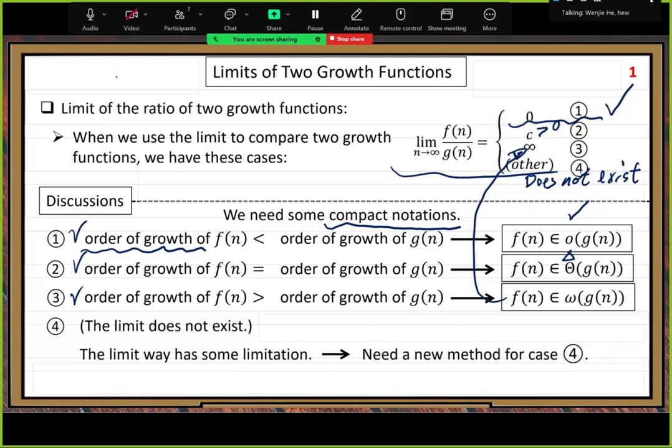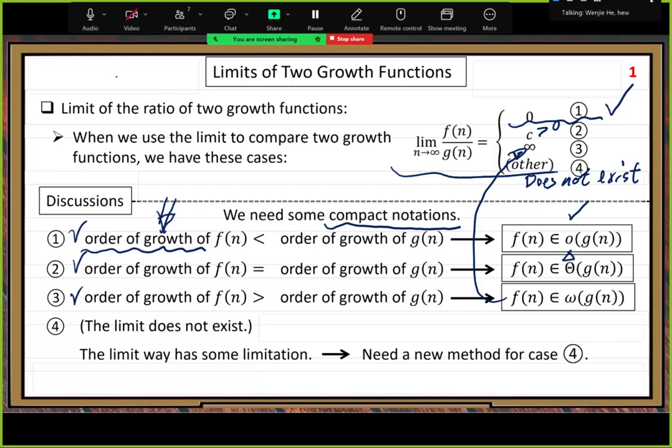All right. Before we move to the next topic, first, I need to clarify one important concept here, this order of growth, because last class I didn't give you the definition of order of growth.